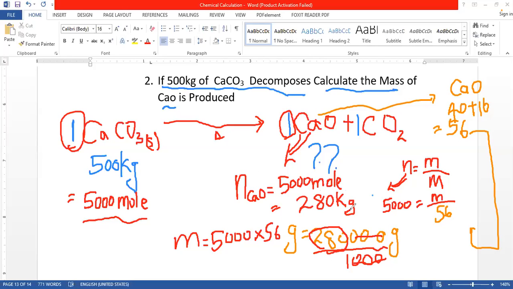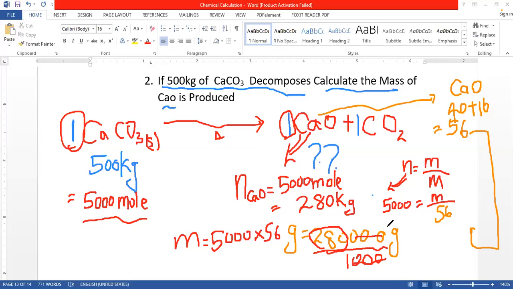I hope you got it. If you have any problem with the video, I will send this video later, but I can't send it all the time, right? So this is how you should do it. If the ratio is 1:1, you can't take 500 kilogram directly. You take the mole, found to be 5,000, and since the ratio is 1:1, the calcium oxide is also 5,000 mole.